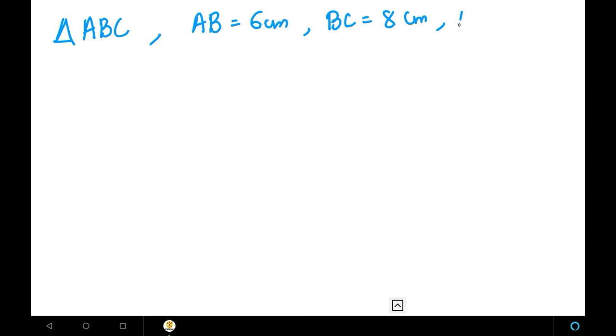Our example is in a right angle triangle ABC, they have given that AB is equals to 6 centimeters, BC is equals to 8 centimeters, and we need to find AC. That means AC is the hypotenuse.